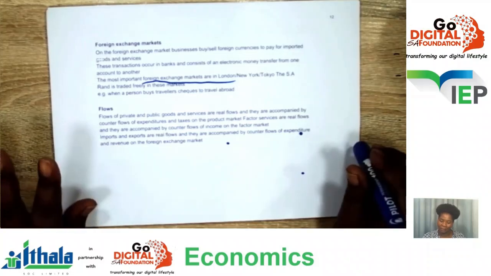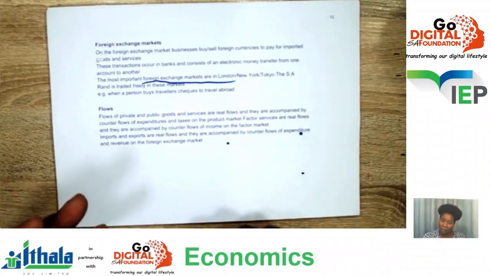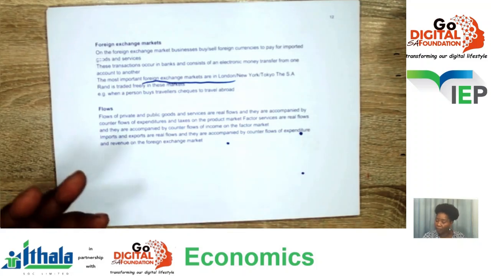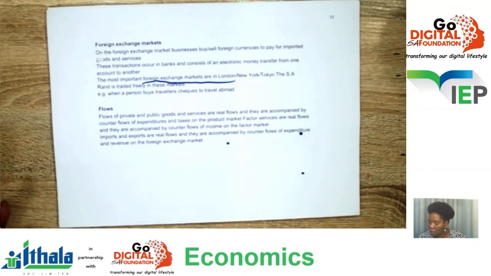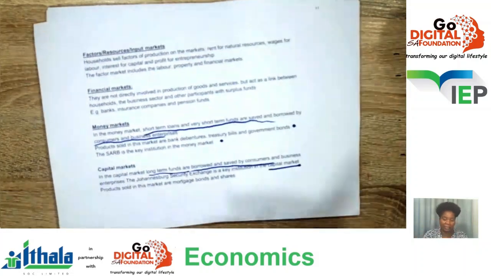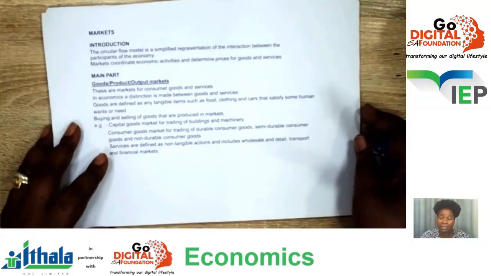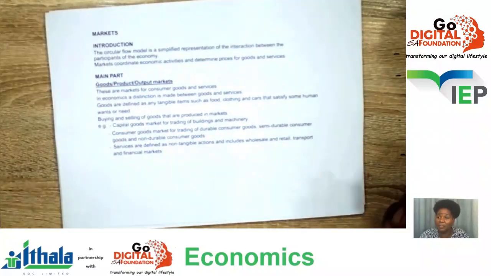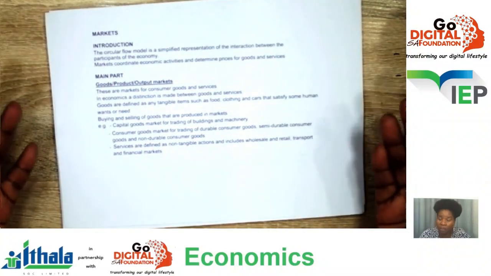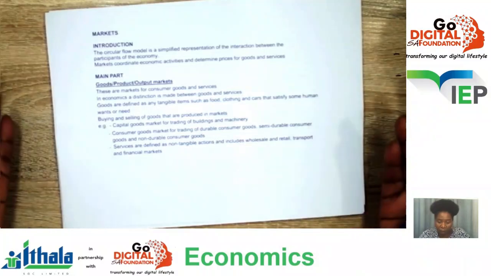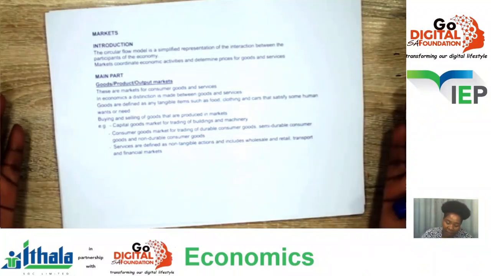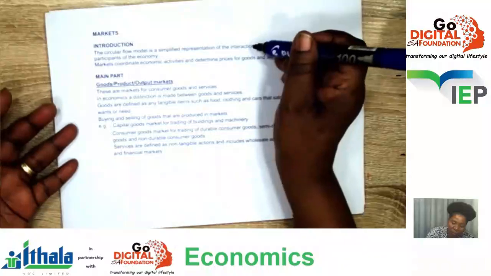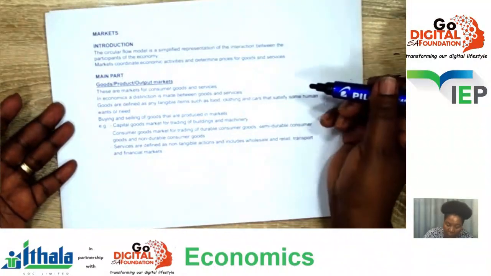So make sure that you understand, you define the market. From the beginning, when you started in grade 8, you were told what a market is. Remember that introduction, that is 2 marks. That's a free 2 marks. In this case, your introduction can be: a circular flow model is a simplified representation of the interaction between the participants of the economy.